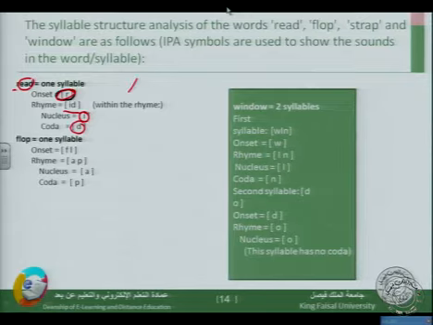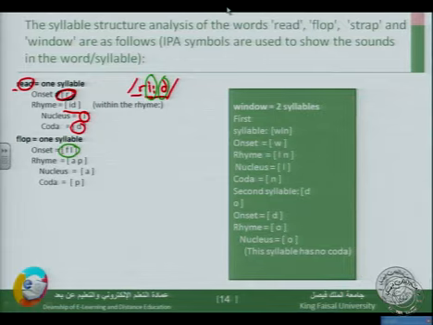If someone asks you to transcribe it, you should say it like this: read. Notice this is the onset and this is the rhyme. The rhyme consists of a nucleus and a coda. The nucleus is normally a vowel, E, and the coda is normally a consonant, D. Flap has one syllable.